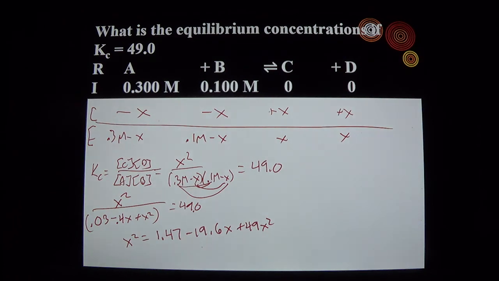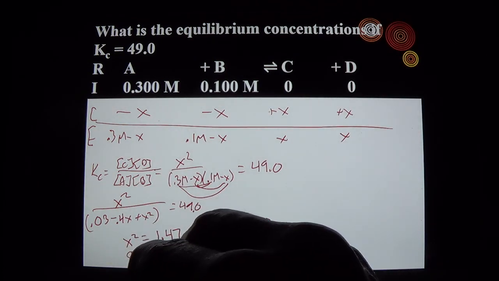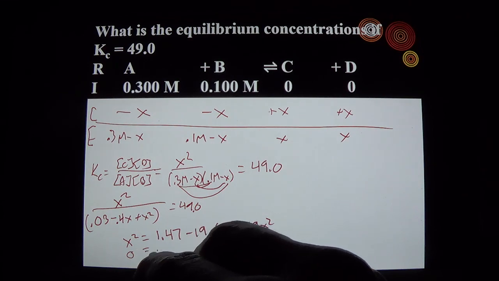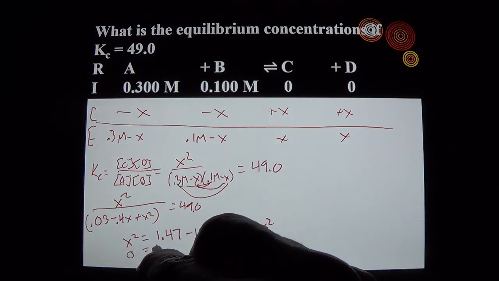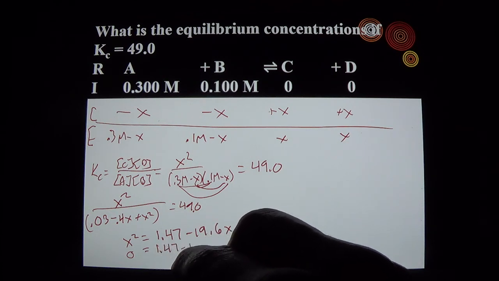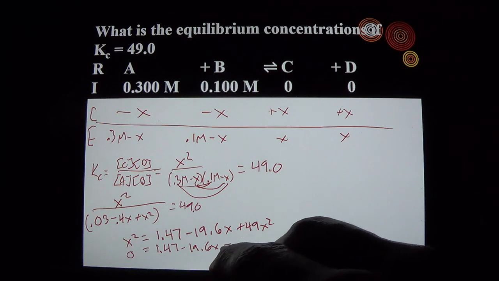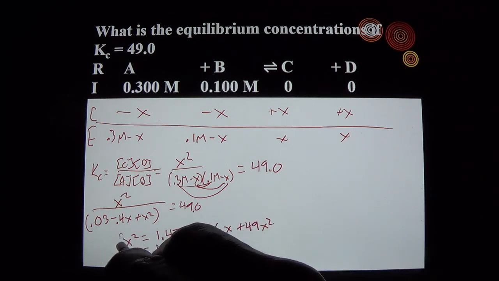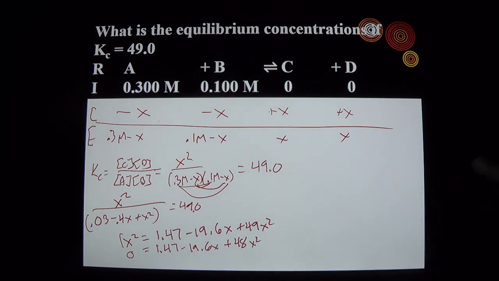Now I really do want to put it into quadratic equation form, so we're going to set it equal to 0. To get this side equal to 0, I need to subtract an x squared from both sides. So 1.47 minus 19.6x plus, now if I'm subtracting 1 x squared, that's going to make it 48x squared.